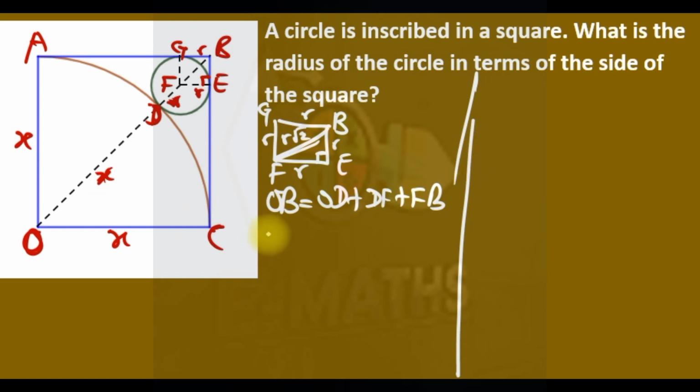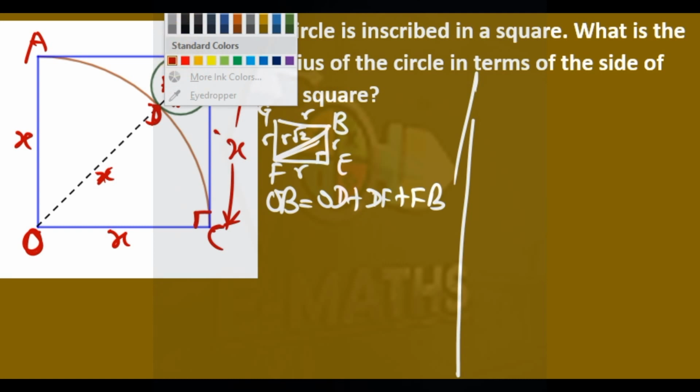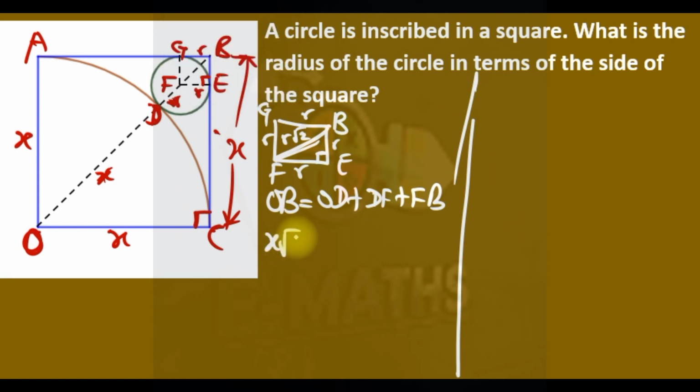Using the 45, 45, 90 triangle in triangle BCO, where this length is also X, OB is X times root 2. That's the length of this diagonal.